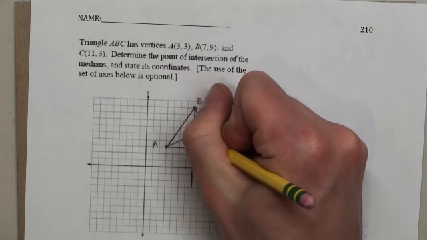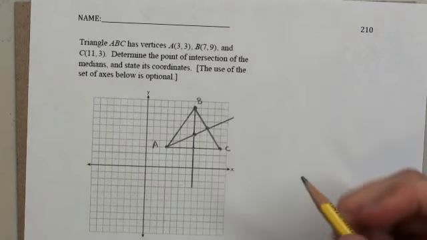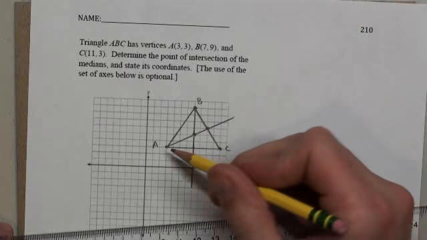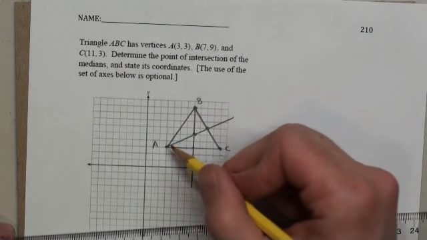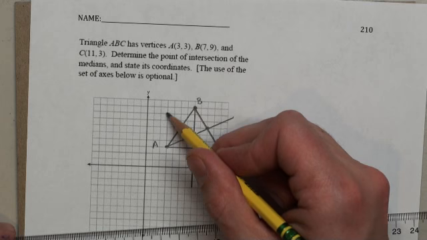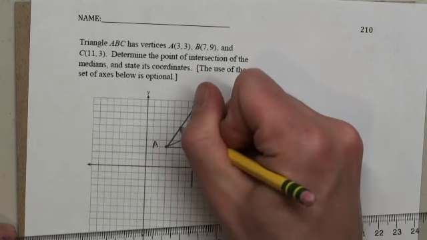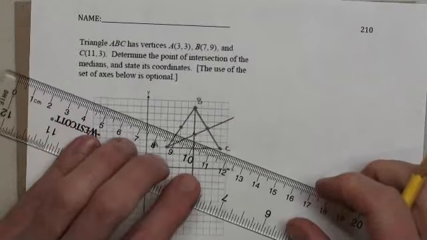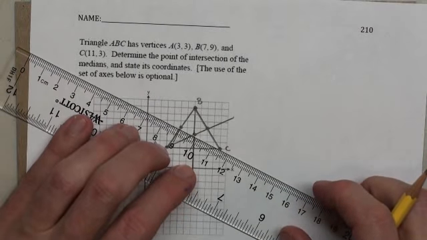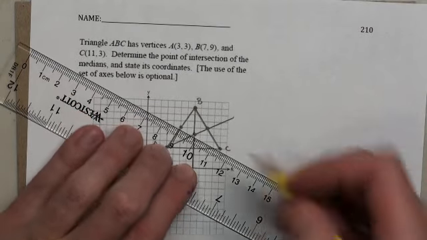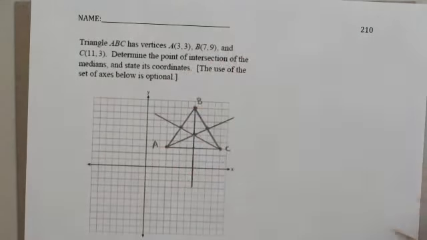Now you can already see what it is, but we're going to just do the other one too because you got to show all your work. So to go from A to B, we go up 1, 2, 3, 4, 5, 6. We go to the right 4, so instead we'll go up 3 and to the right 2, which is half of 6 and 4. And like that.